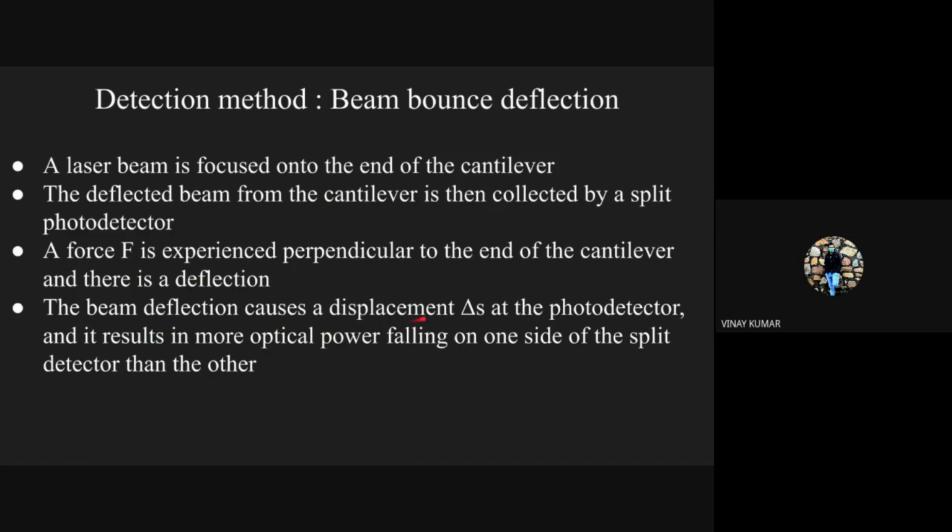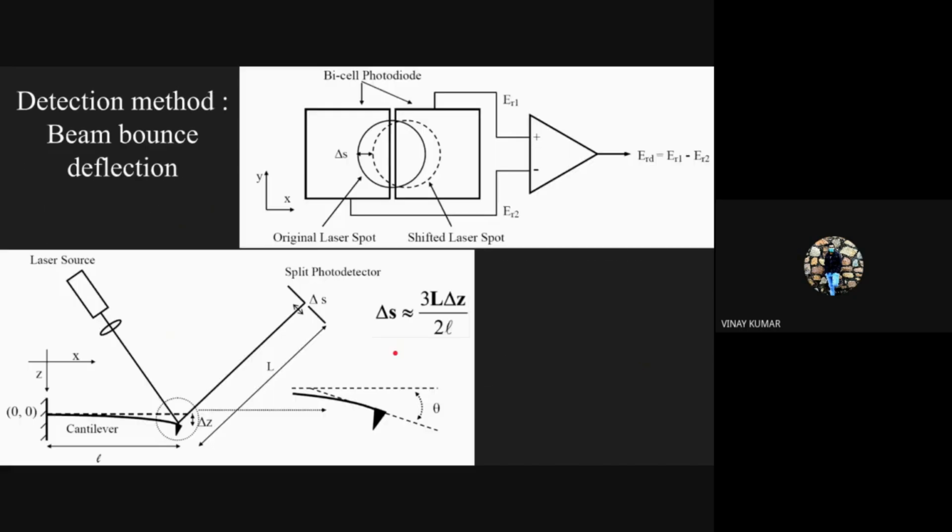This causes a displacement delta S at the photodetector, and it results in optical power falling on one side. This can be seen in the next slide. This is the setup, and these are the sensitivity equations, where the length and delta Z are the parameters given in the figure. This is how deflection works.